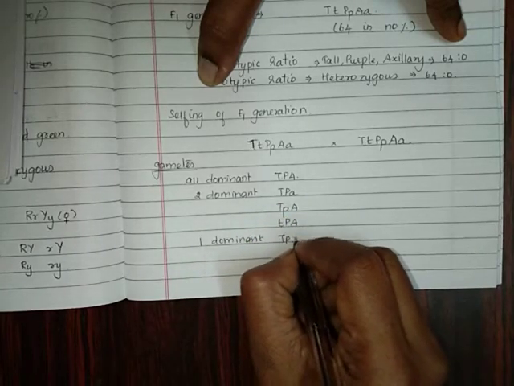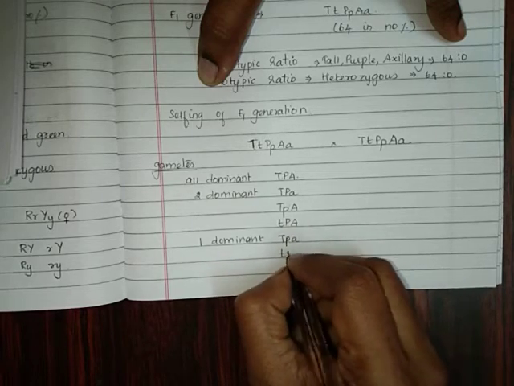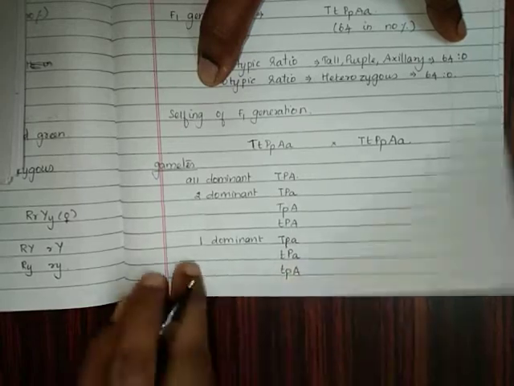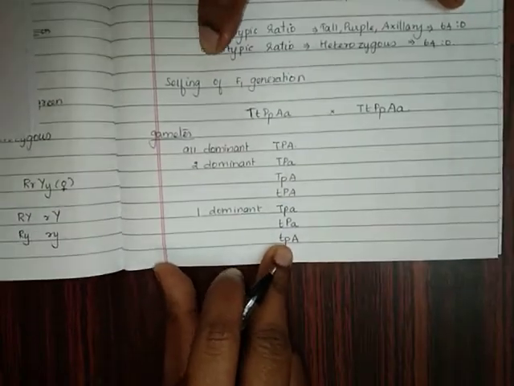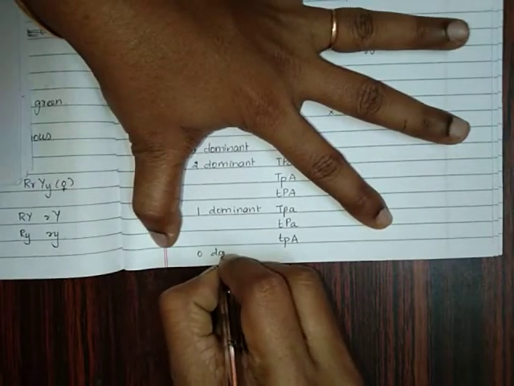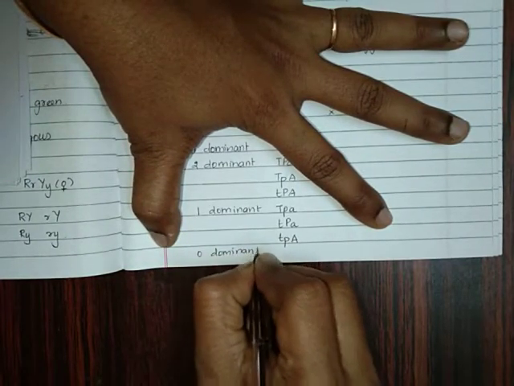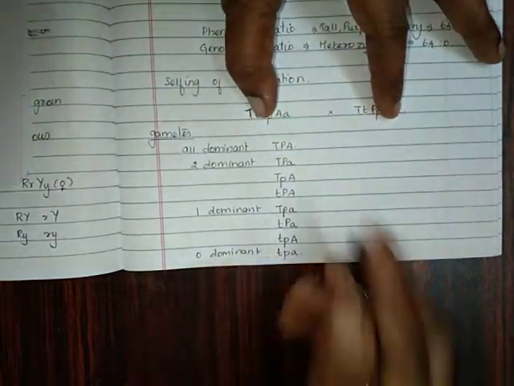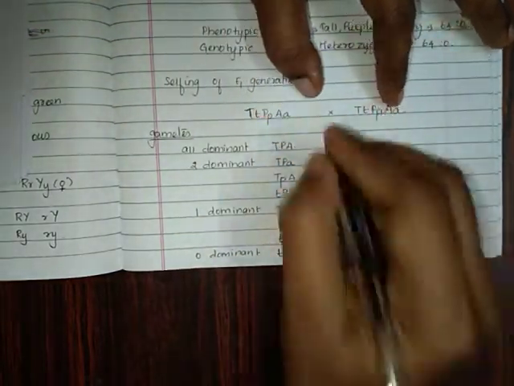So it can be like this, or like this, or like this. So 1 dominant alleleக்கு வந்துட்டு possibility வந்துட்டு இந்த 3 தான் possible. அடுத்தது வந்துட்டு 0 dominant allele means all are going to be recessive alleles. So அங்கே வந்துட்டு ஒரே ஒரு possibility தான் இப்படி. So total number is going to be 8 gametes.